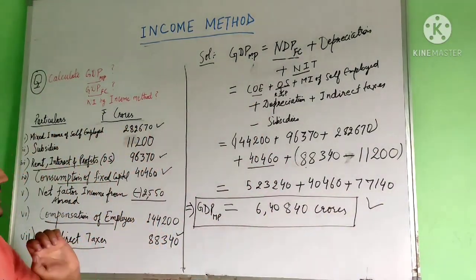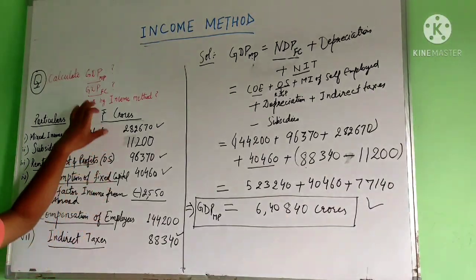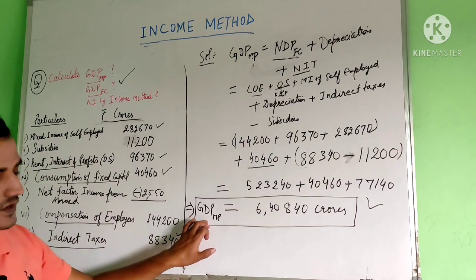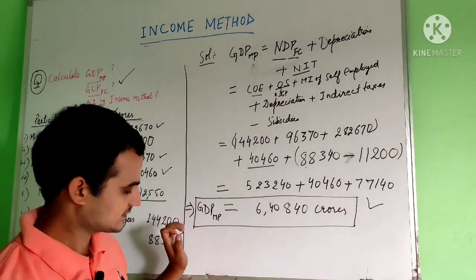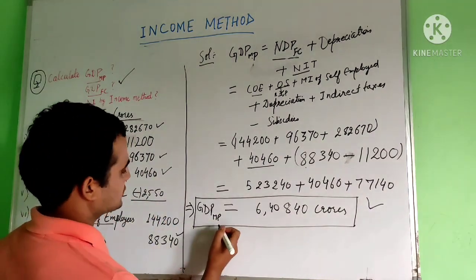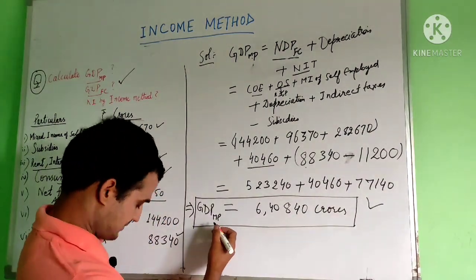Now we have calculated GDP at market price. Now we will calculate GDP at factor cost. Let us see how we can do this. We have already calculated GDP at market price.